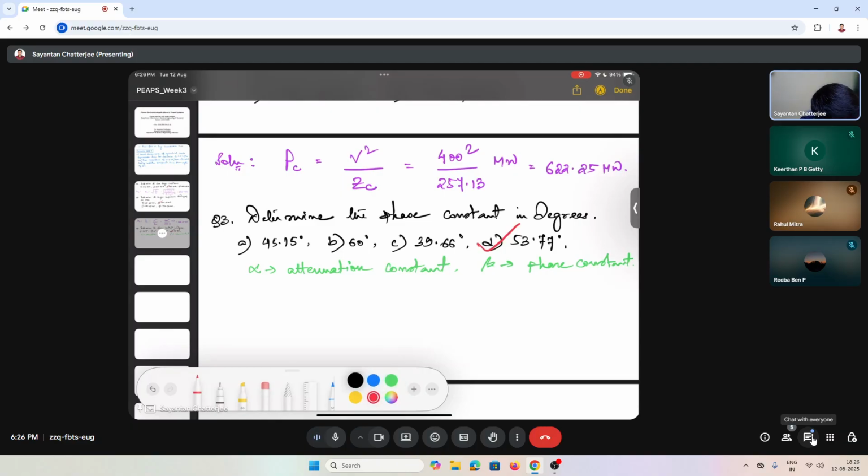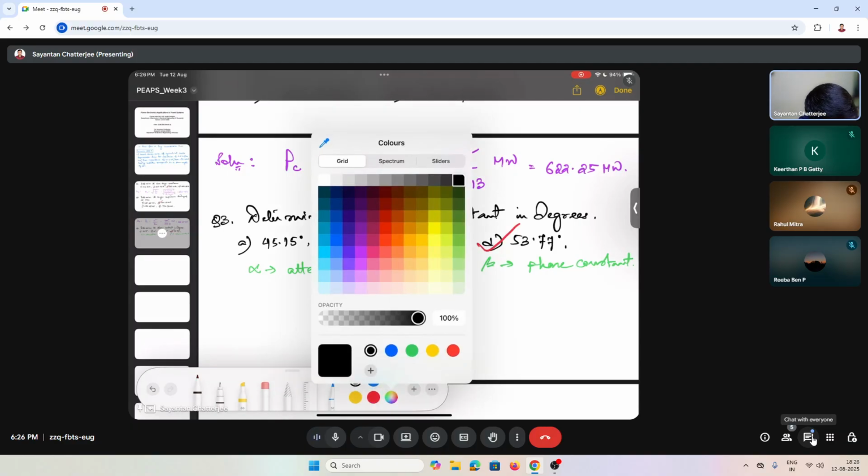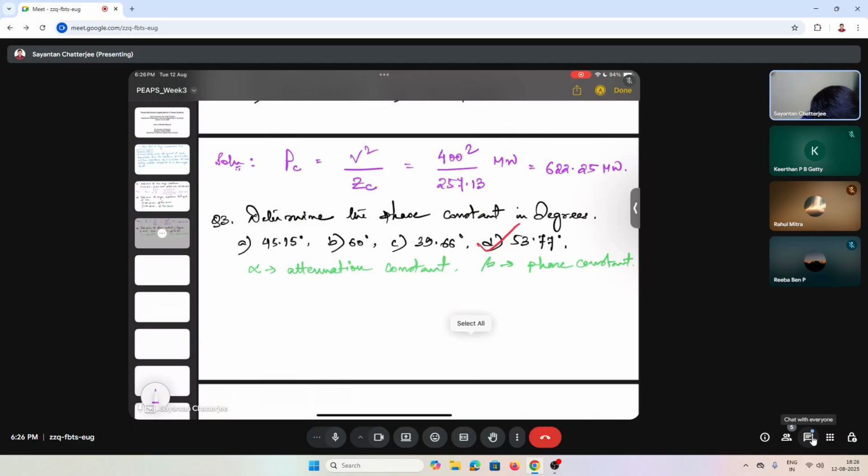So for a lossless line, it is generally known that this constant, beta, is given as omega root under LC. Right. So omega, frequency is given as 60 hertz. So 2 pi into 60 into root under LC.